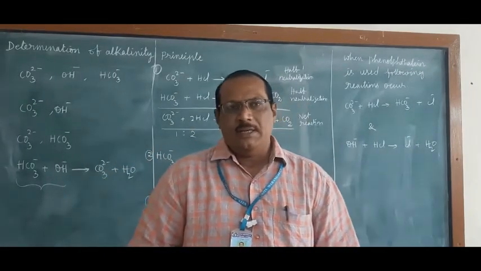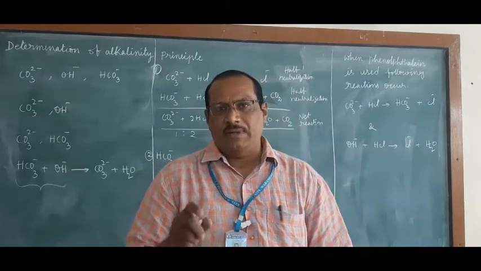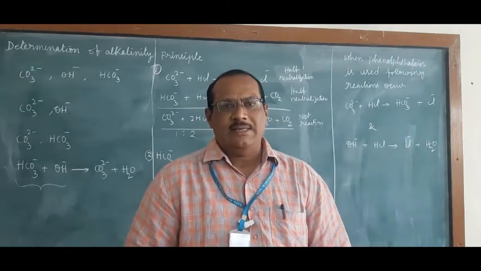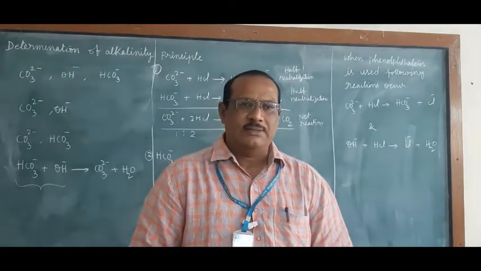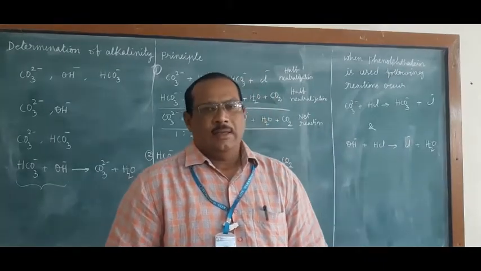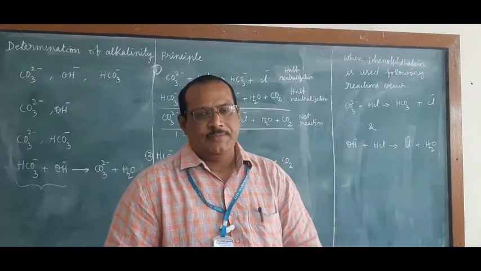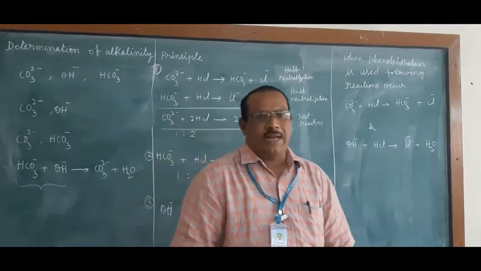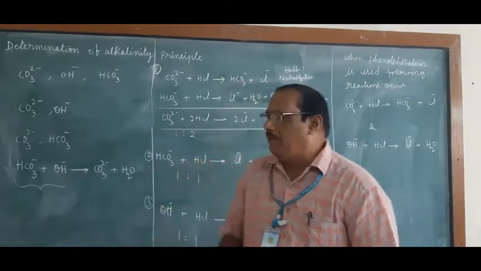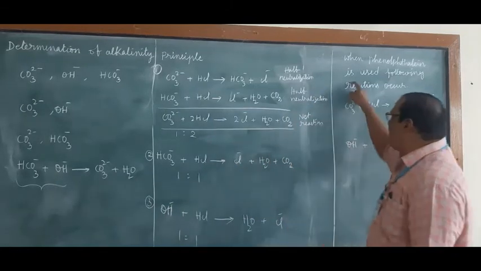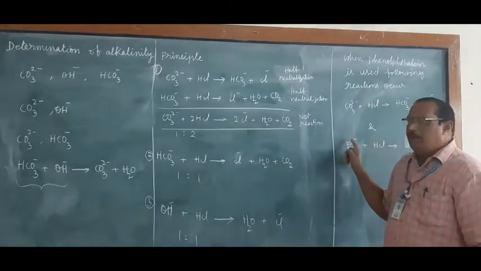But in the procedure, we have to titrate the given water sample with HCl by using phenolphthalein once, and second time we have to titrate the given water sample with methyl orange. While doing the titration using phenolphthalein, these are the chemical reactions which occur in the conical flask.